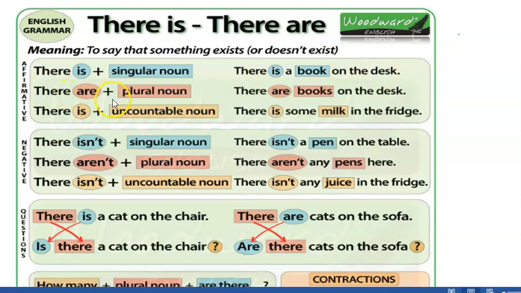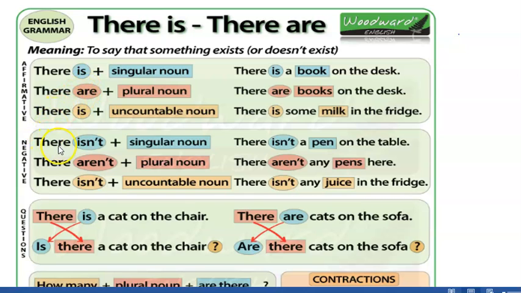There are plus plural noun. There are books on the desk. And then the last one here, there is plus uncountable noun. There is some milk in the fridge, because remember, milk is uncountable. Okay, so those are all affirmative, those are all the positive ways of using there is.